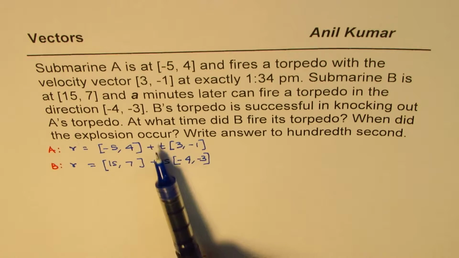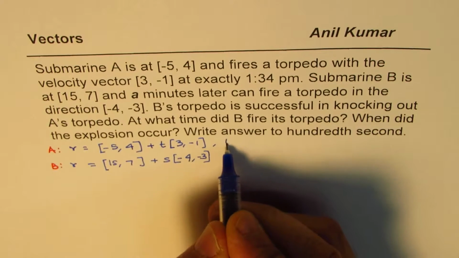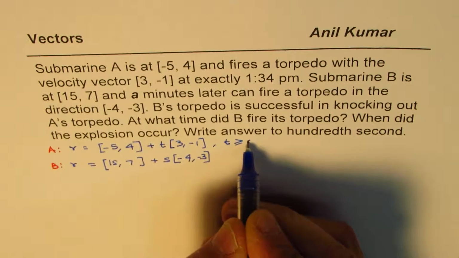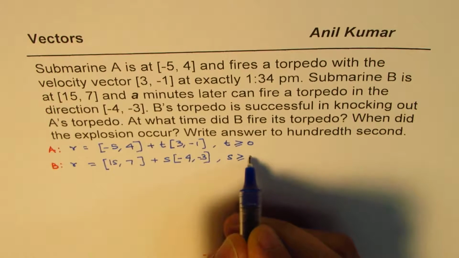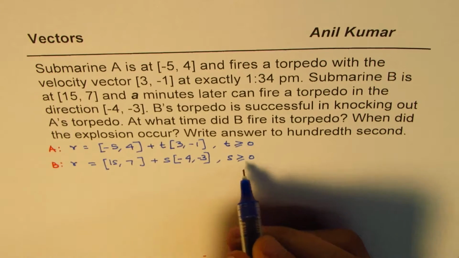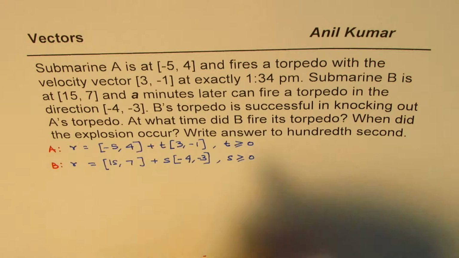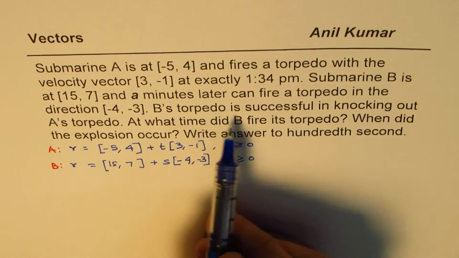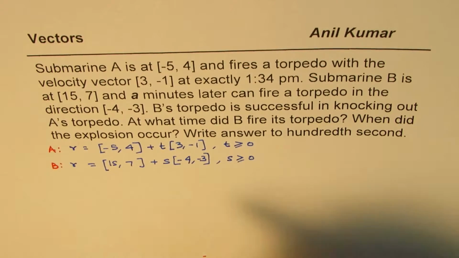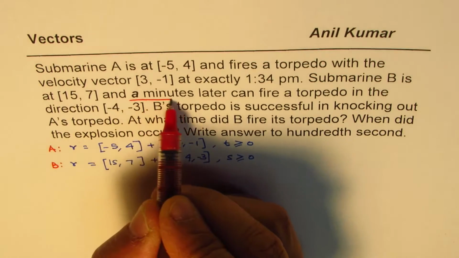And the relation between S and T is that in these equations t is greater than or equal to 0, and of course, individually, S will be greater than or equal to 0. But what is really happening here is that at the instance when the torpedoes meet, B can fire A minutes later.